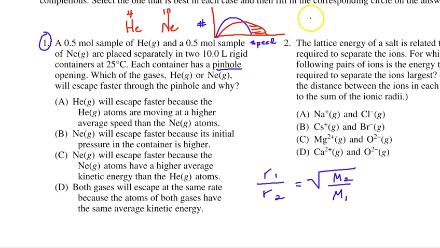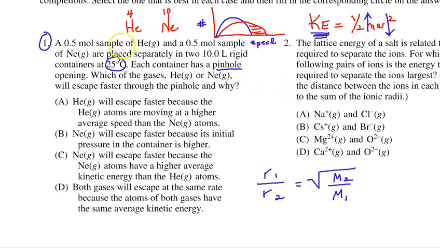And if you don't like that, I always like to write kinetic energy, one of the formulas you are responsible for knowing, 1/2 the mass times velocity squared. If both gases are under the same temperature, they both have the same overall average kinetic energy, motion energy, so the heavier one, the one with more mass, will have a lower velocity, or v there.